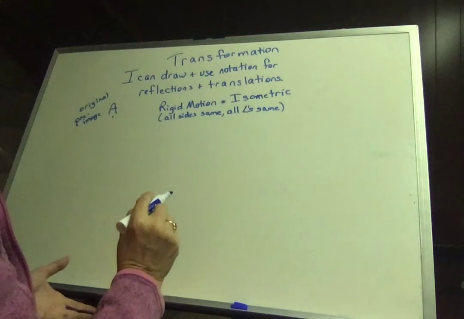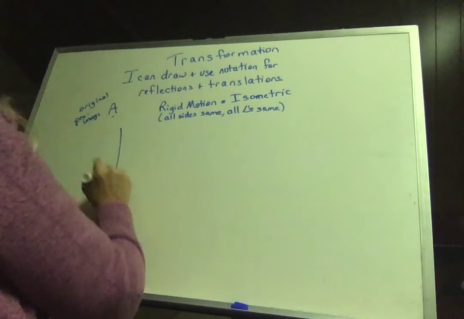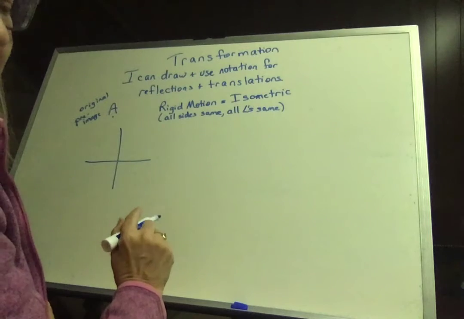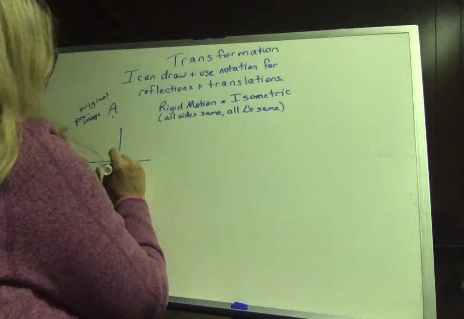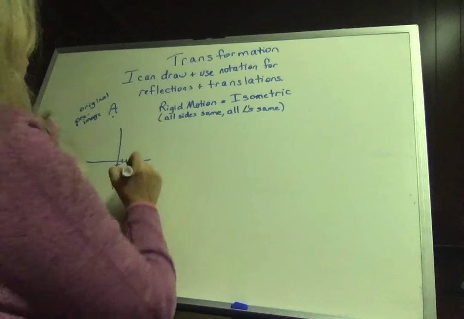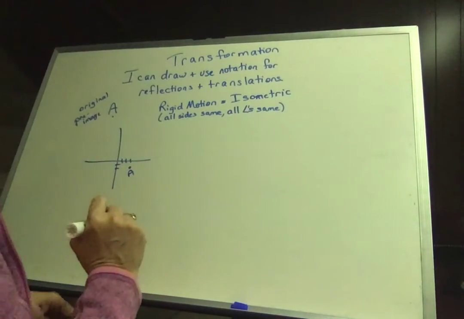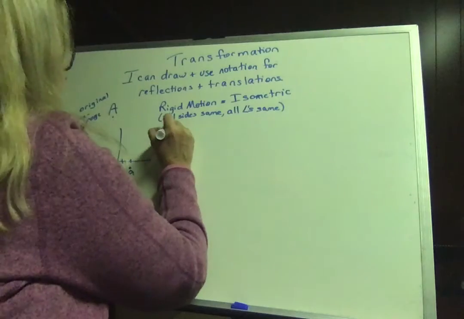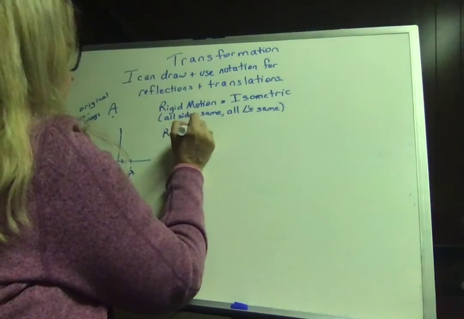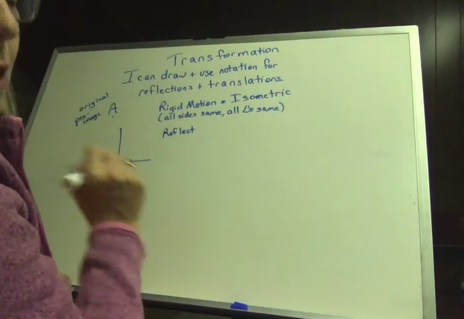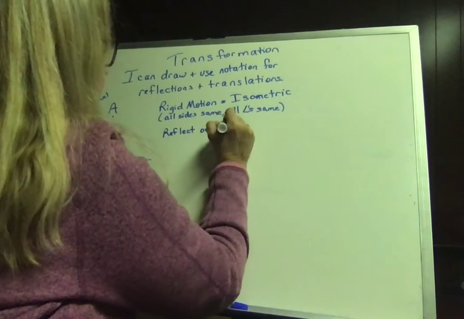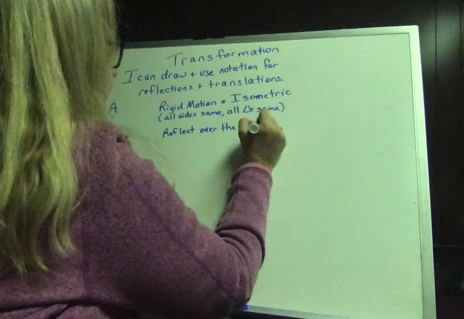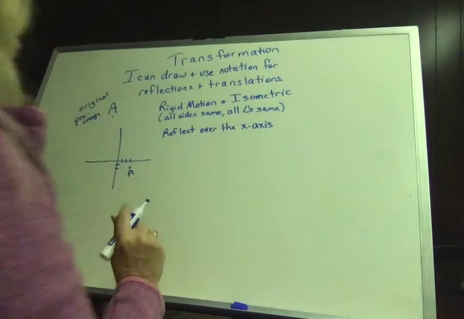So basically, we're going to start with a coordinate plane, and we'll have a specific point. Say we started with 3, negative 2, and labeled it A. And we decide we're going to reflect. And when you reflect, you always have to tell me the line of reflection. So over the x-axis. Okay.